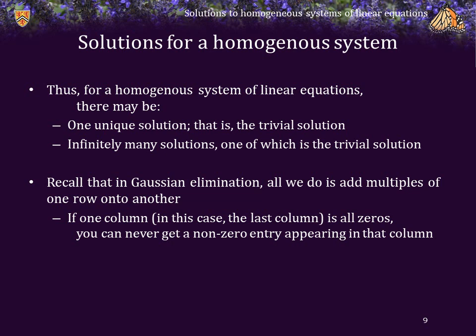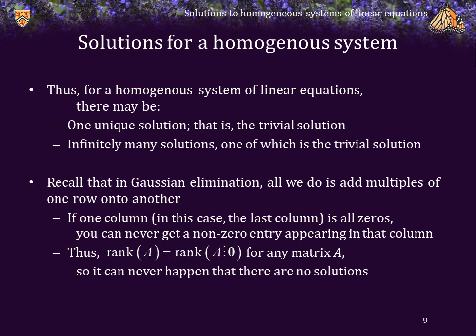Consequently, if the target vector is the zero vector, then the rank of the matrix A will be the rank of the augmented matrix A with the target vector 0 for any matrix A. So consequently, it can never happen under any circumstances that there are no solutions.